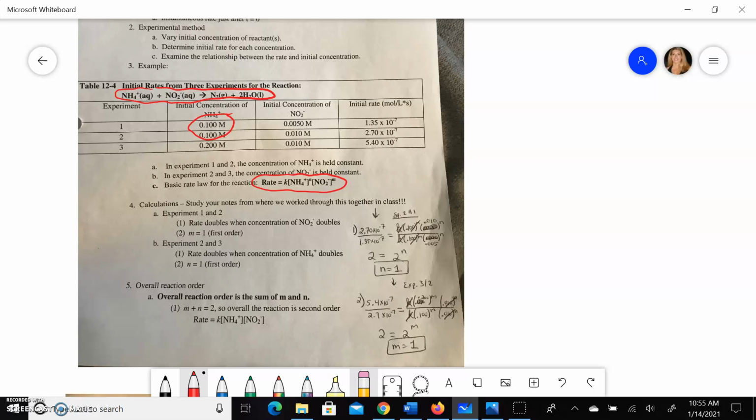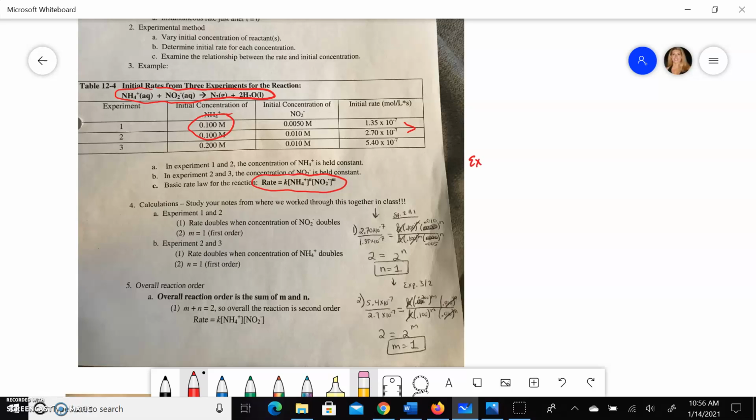And we're going to set these 2 up as a ratio, so we're going to set them up as fractions. And what you want to do is to put the bigger number for the rate on top so that you get a whole number. You can do the math with decimals, but it's just more complicated. So if you look at our 2 rates right here, we're only going to focus on experiments 1 and 2. Check the exponents too, but negative 7 is the same, so the number 2.7 is bigger than 1.35, and so we're going to put 2.7 on top.